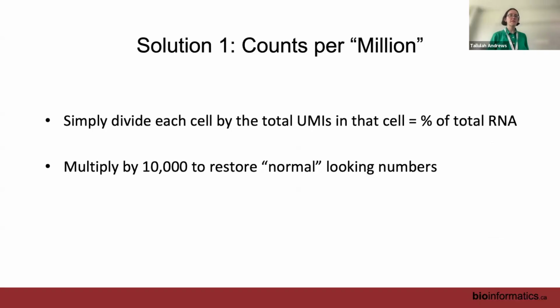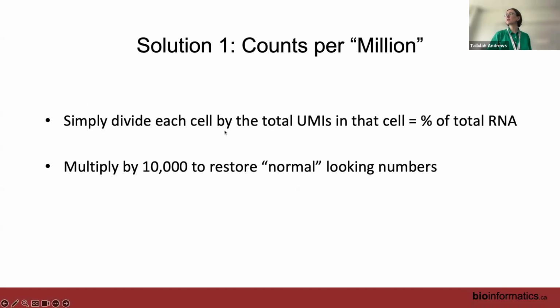So the simplest solution is what's known as counts per million. It's called per million because when you're doing this for bulk RNA-seq, you do actually do it per million reads. For single-cell RNA-seq, we don't do it per million, but we still call it per million for historical reasons.